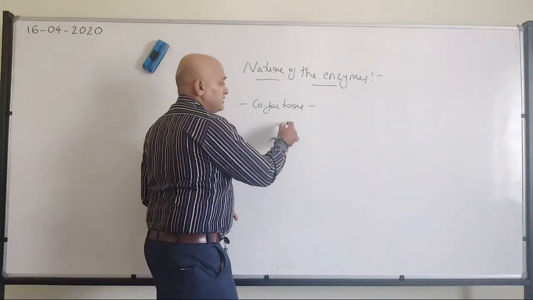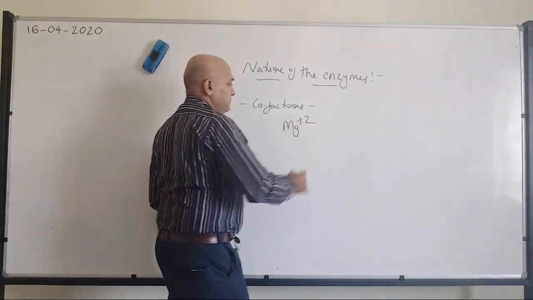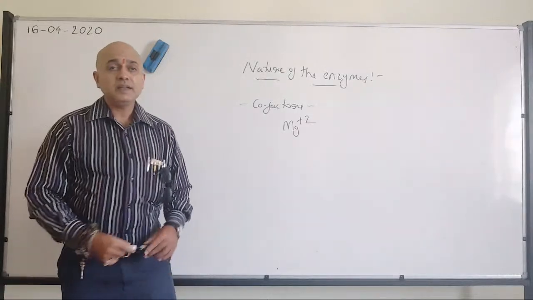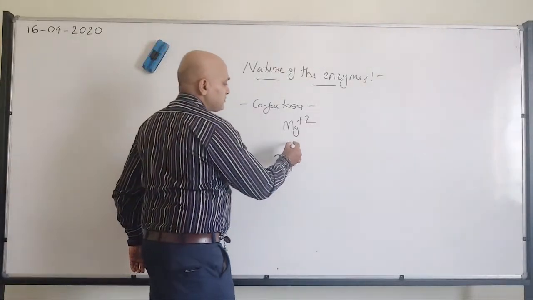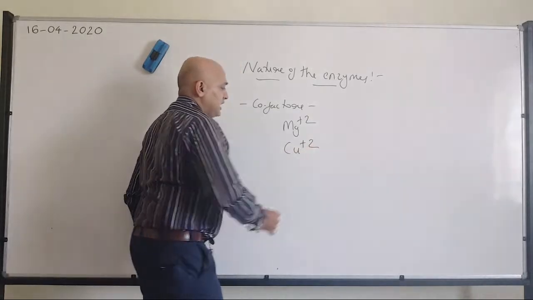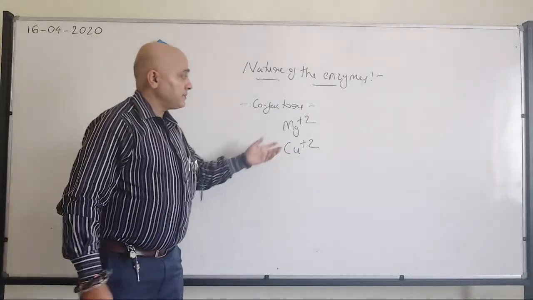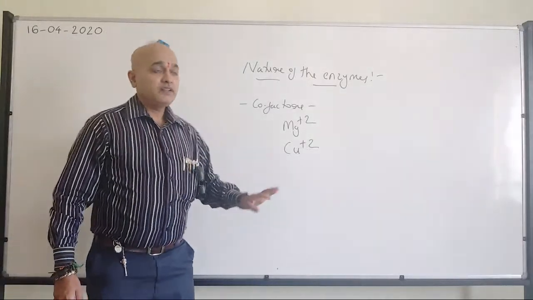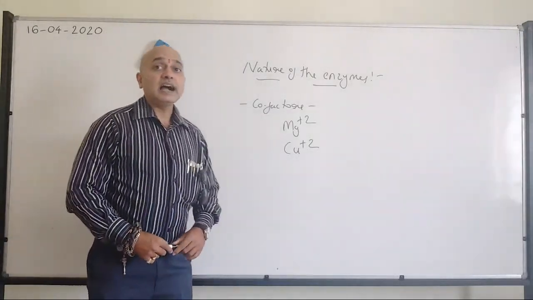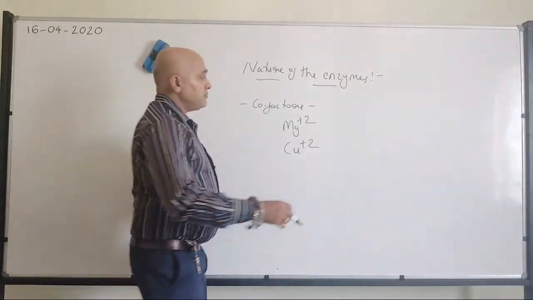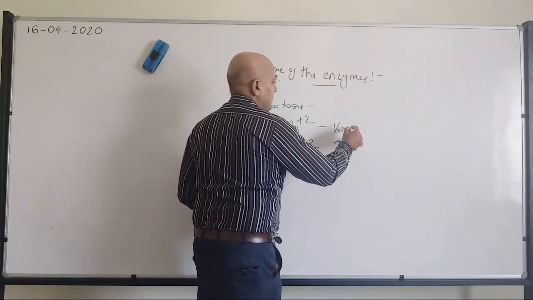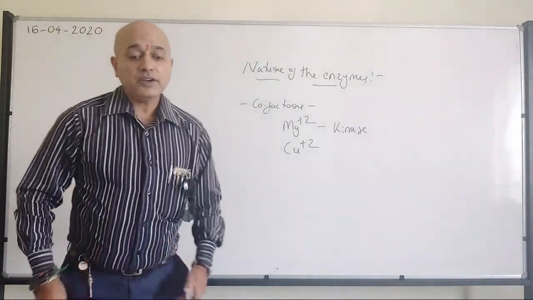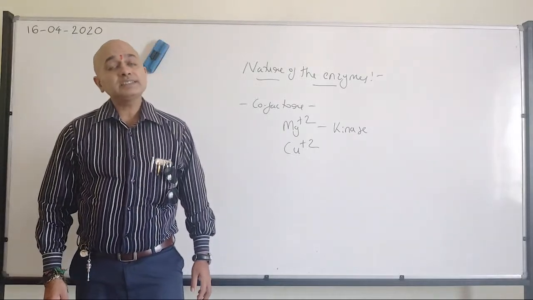So that can be either magnesium ion, which will be utilized for enzyme activity. Some of the enzymes demand cupric ion for their activity. Say for example, we have an enzyme called kinase. I will not go in detail. We have an enzyme called kinase, which is very much dependent on the magnesium ion for its activity.